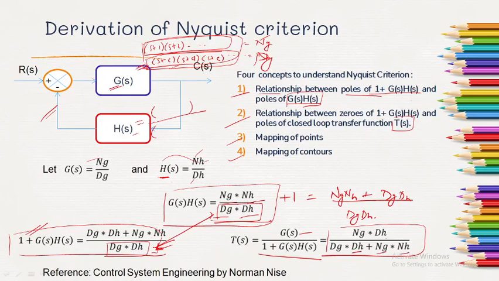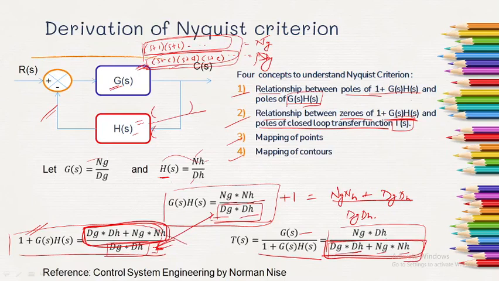Now we have to find the relation between the zeros of 1 plus G(s)H(s) and the poles of the closed loop transfer function. What are the zeros of 1 plus G(s)H(s)? This complete term that I am highlighting, D_G D_H plus N_G N_H. And the poles of the closed loop transfer function are also D_G D_H plus N_G N_H.